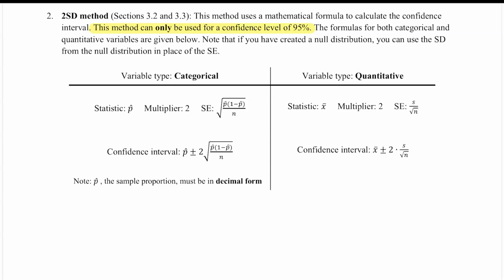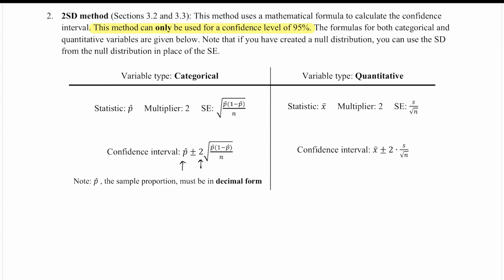Now it does say just above the table that if you have created a null distribution, you could use the standard deviation from the summary statistics and get the SD of the null distribution as a number right then and there. A lot of the times when we're finding a confidence interval, we haven't already conducted a hypothesis test, so we would not already have a null distribution.